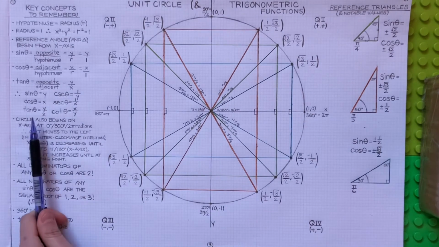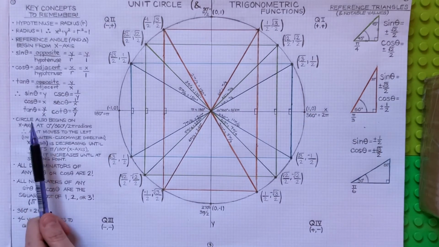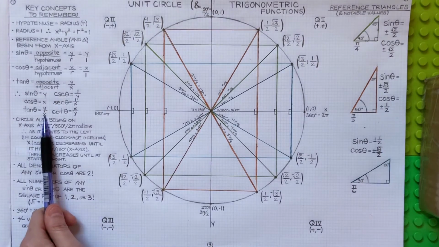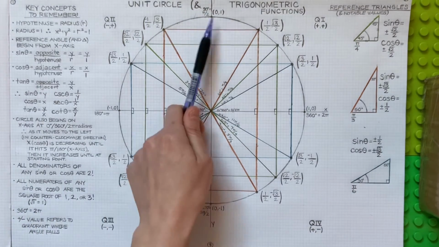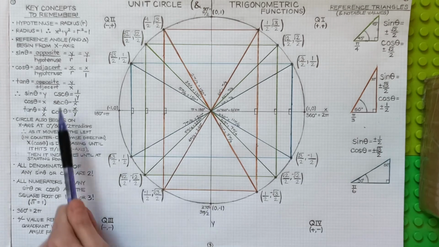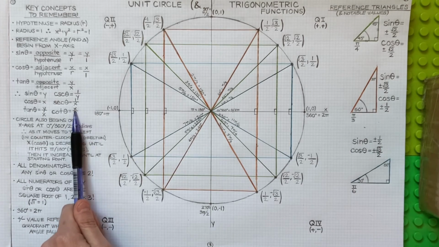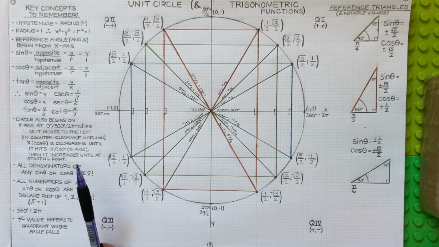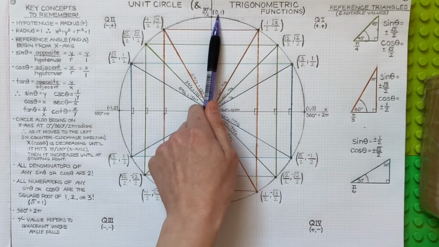And then if we look at tangent, it is going to be y over x. So wherever the x is 0, so on the y-axis here at 90 degrees and 270 degrees, the tangent will be undefined, while the cotangent will be defined because we have x over y, which is 0 over negative 1, or 0 over 1 up here.